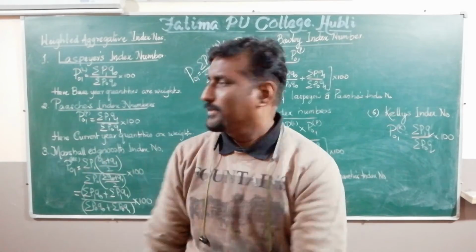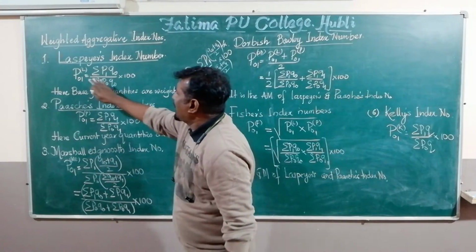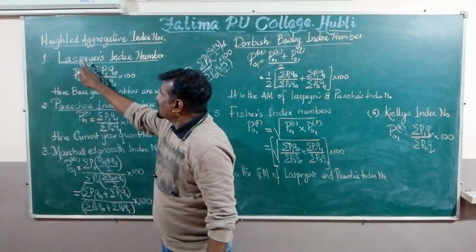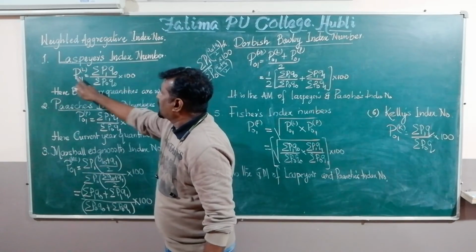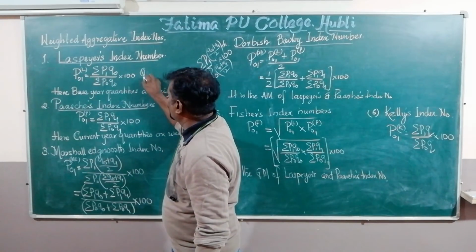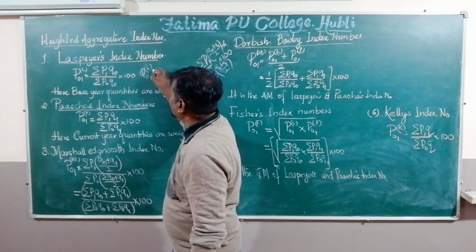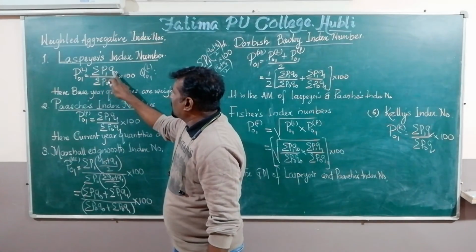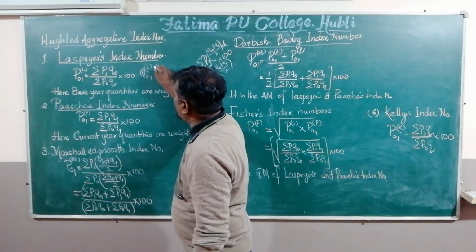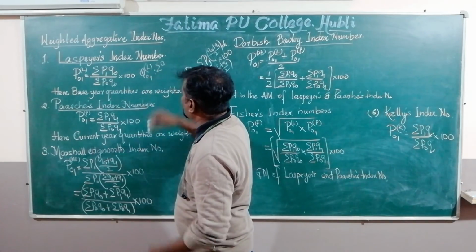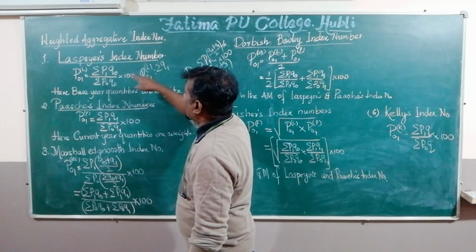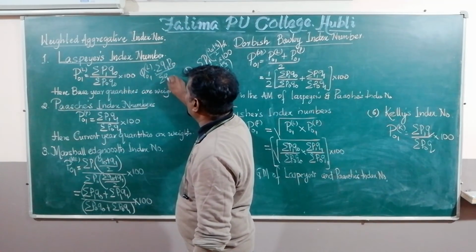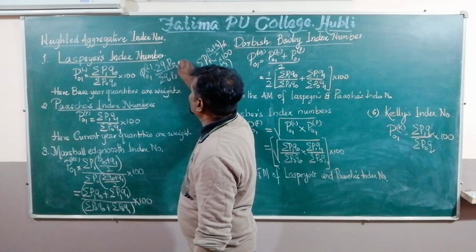If they ask last year's quantity index number, here P is there, we have to write Q, Q01L. Then summation P1 Q0, in place of P we have to write Q, Q1, and in place of Q we have to write P0, divided by summation Q0 P0, into 100.